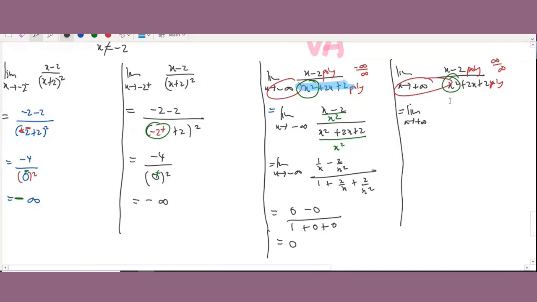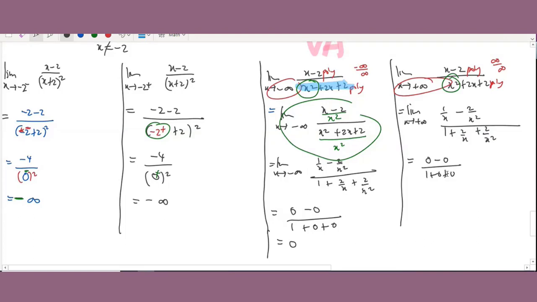So x over x squared is 1 over x, over 1 minus 2 over x squared, and then 1 plus 2 over x plus 2 over x squared. Then substitute: 0 over 1 plus 0 plus 0, which is equal to 0.